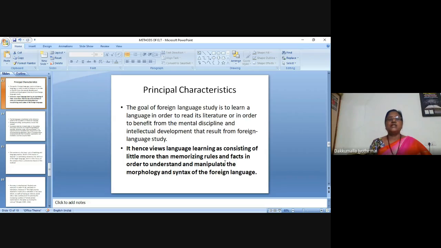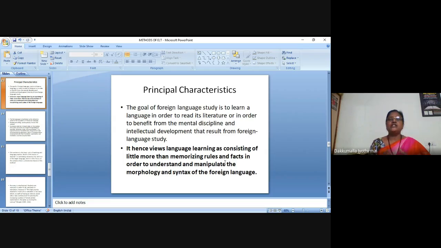So the emphasis on grammar and reading and translating sentences was only to give an exposure to the literature, and also to draw the benefits of the mental discipline or intellectual development that was attached to learning this foreign language or reading the foreign literature. So this was the goal of foreign language study.